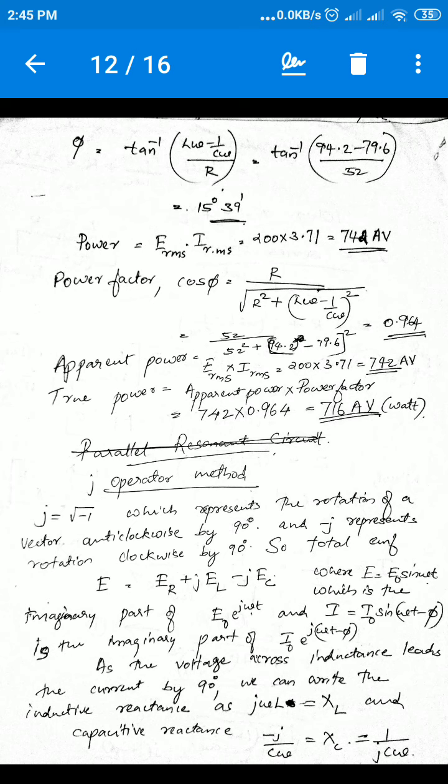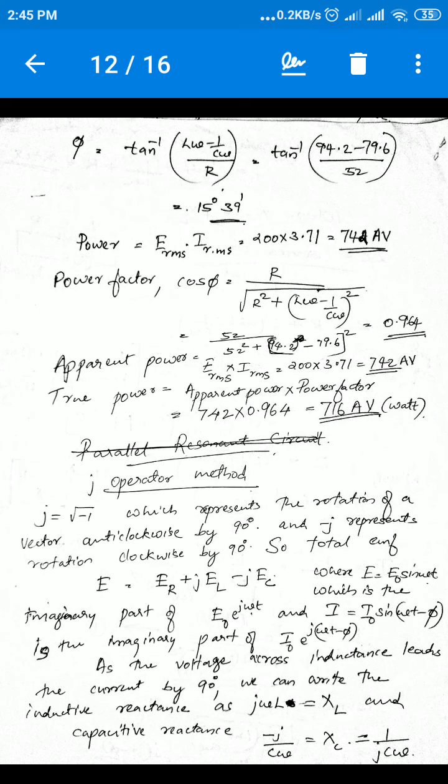ER, the voltage across the resistance, is in phase with the applied voltage, so it should not be multiplied with J or minus J. But the voltage across the inductance, EL, we know is leading by 90 degrees anti-clockwise, so we have to multiply it with J. And the voltage across the capacitor is lagging 90 degrees, so we have to multiply it with minus J. Now the total voltage is ER plus JEL minus JEC.